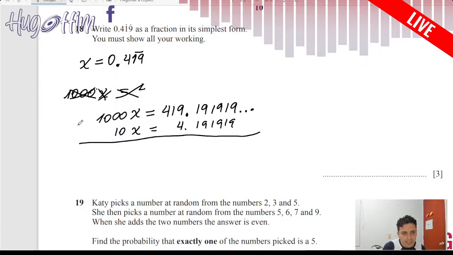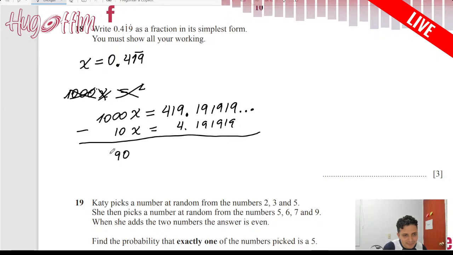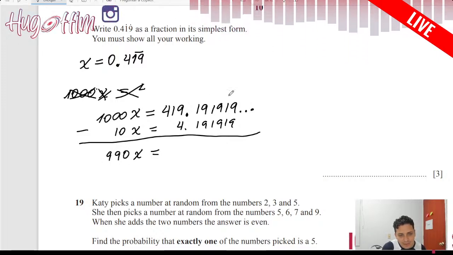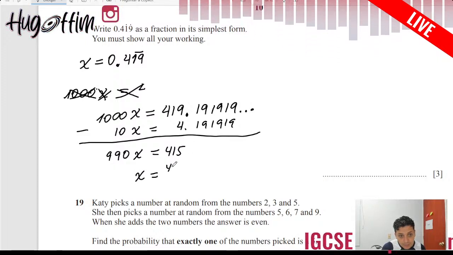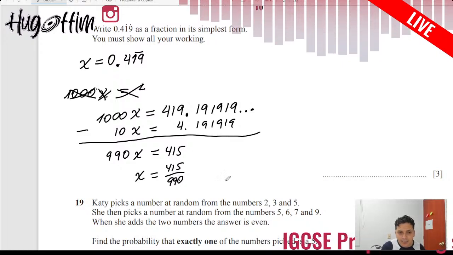So I'm going to subtract these two. 1000x minus 10x is going to be 990x. The decimals cancel, so it's going to be an integer. 419 minus 4 is 415. x equals 415 over 990. I can divide by 5.